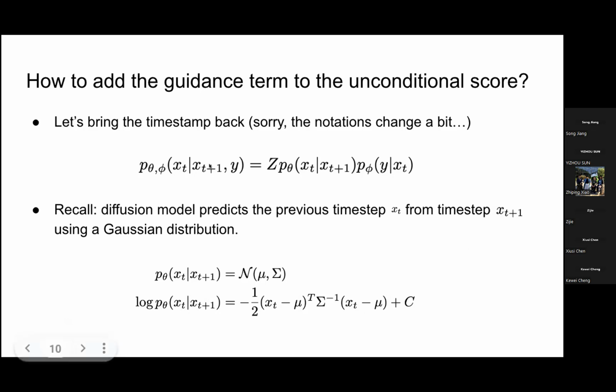Then we generate xt based on xt plus 1, and also we have the label. Then we just expand them, and recall that in the diffusion model we model this one-step generation as a Gaussian distribution, right? So suppose this is what we have for one-step generation, and if we take a log, the Gaussian distribution can be rewritten as something like this.